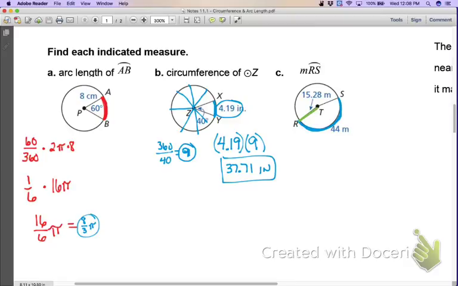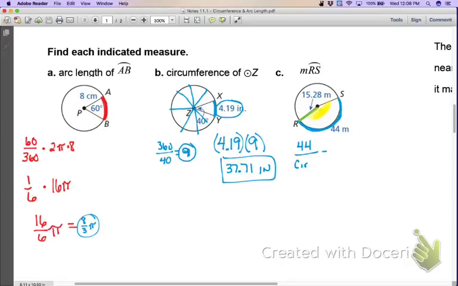So we're given the arc length, we're given the radius. We want to know what the angle is from R to S. So remember, that angle is going to be the same thing as the angle that's through here, which is our central angle. So we can find, if it's 44 over the circumference of the whole circle.